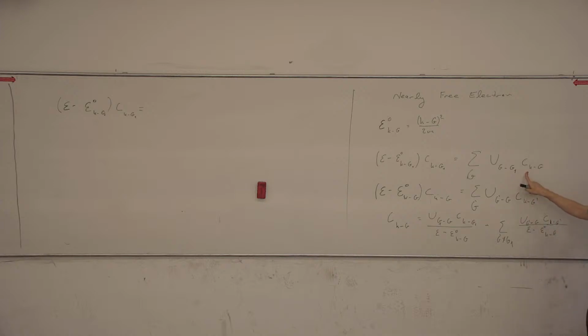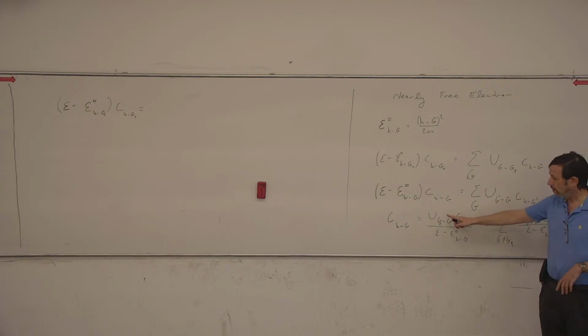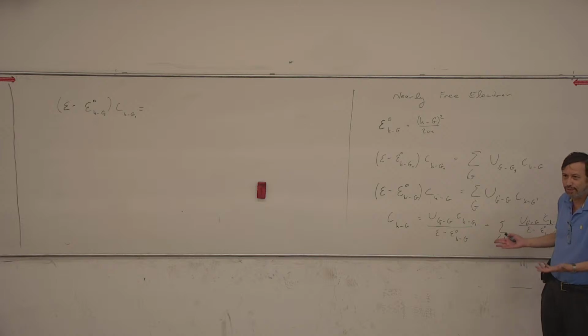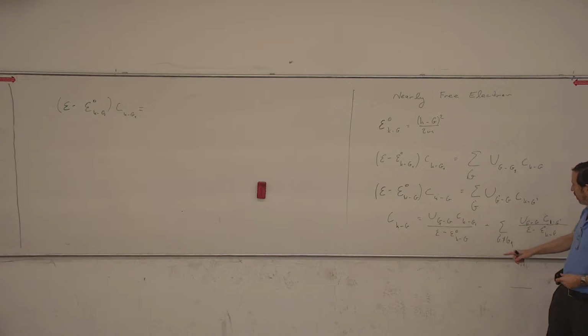Now, where will I use the fact that I'm treating a small perturbation? You're only going to work with nearest neighbors. Well, I don't have nearest neighbors defined here, right? I'm in k-space. But what happens here?